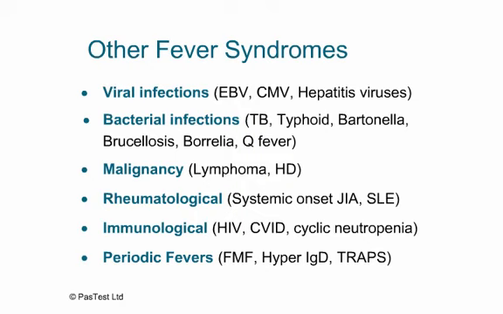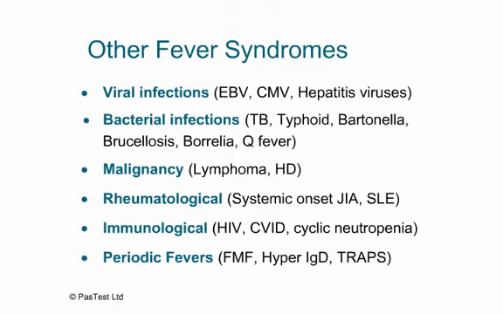And finally, there are the periodic fevers, three of which I've mentioned here: familial Mediterranean fever, hyper-IgD syndrome, and TRAPS syndrome, which is the TNF receptor associated periodic fever syndrome.